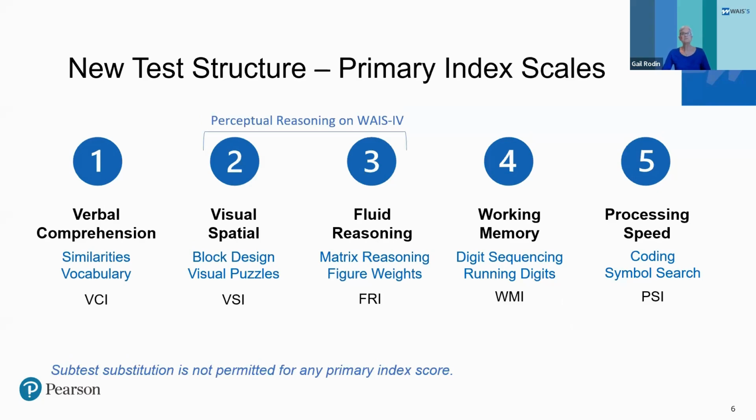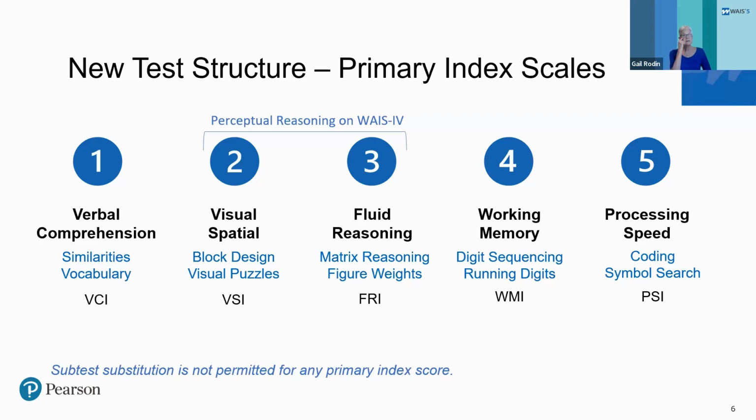Let's look next at those 5 primary index scales. Again, perceptual reasoning has been broken out into visuospatial and fluid reasoning, and each of the 5 primary index scales has 2 subtests that contribute to it. Notice on the bottom it says that subtest substitution is not permitted for any of the primary index scores.